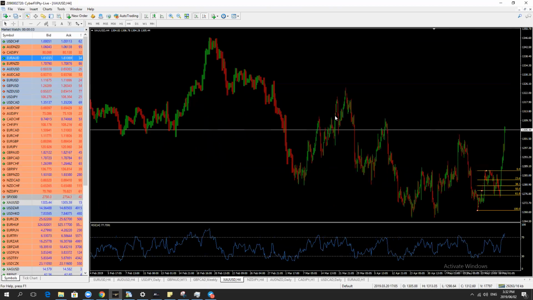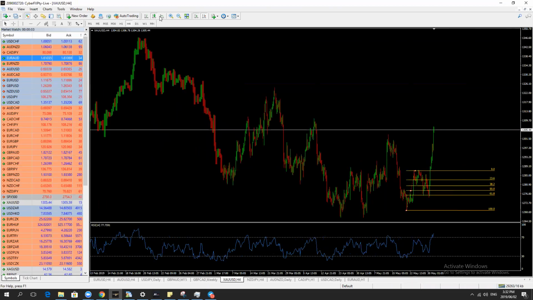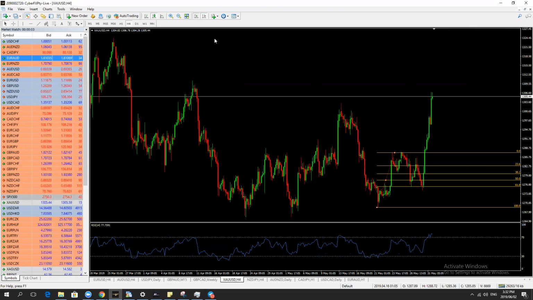Gold, if we could have seen it, sometimes there are too many charts. But anyway, it did an uptrend there, reversed a bit. If it had gone lower than 61.8, I would have considered continuing with this downtrend.